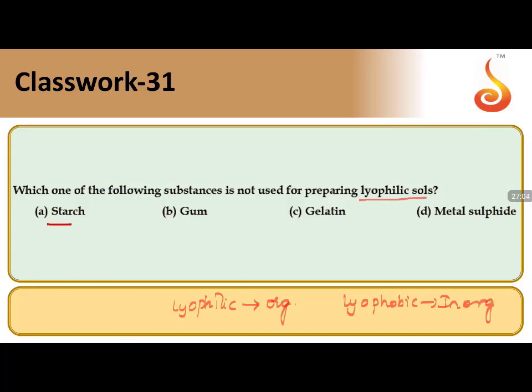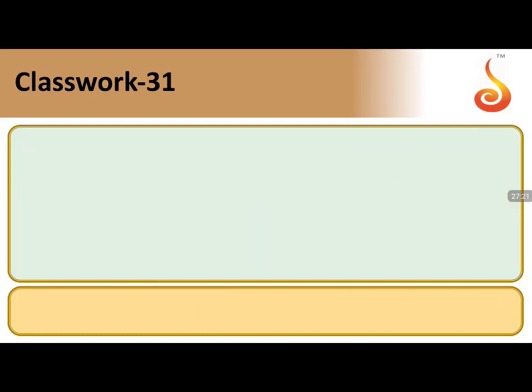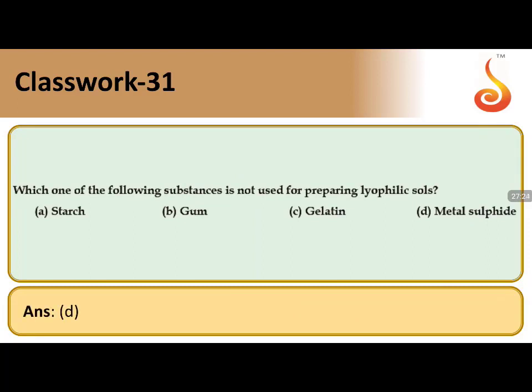So among starch, gum, gelatin, the only inorganic compound is metal sulfide. Can it be lyophilic? So the one not used is option D. Simple way to identify, no need to mug up anything. I hope you understood. So the answer should be option D.